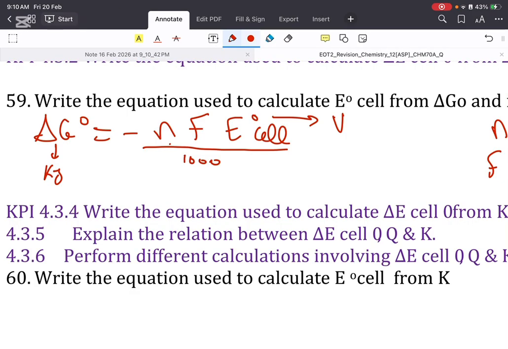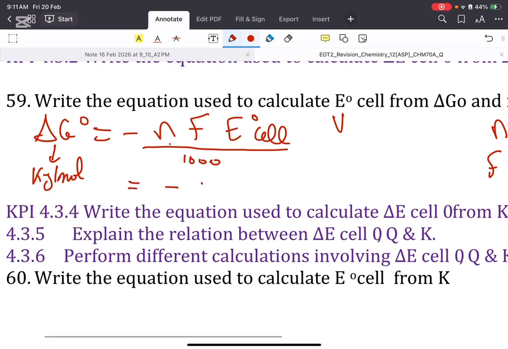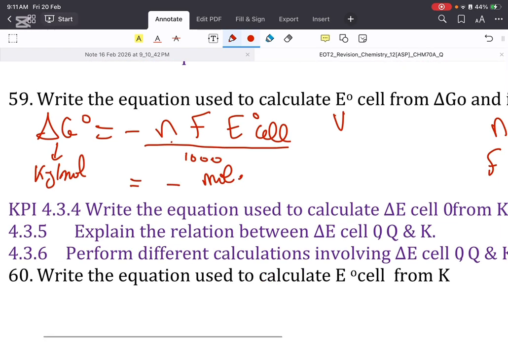Now the unit goes as follows. I'm just going to explain the unit and justify again what we divide over here. Delta G is going to be kilojoule per mole. Now this N, I'm going to write it again, is in mole electron per mole. Faraday constant is coulomb per mole electron.